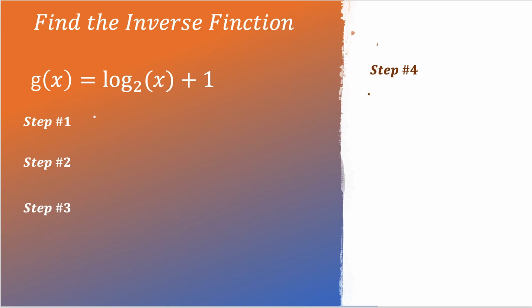First step again, as I mentioned before, instead of g of x, we write y. So y equals log base 2 of x, everything here we write the way it is, without any other changes, plus 1.